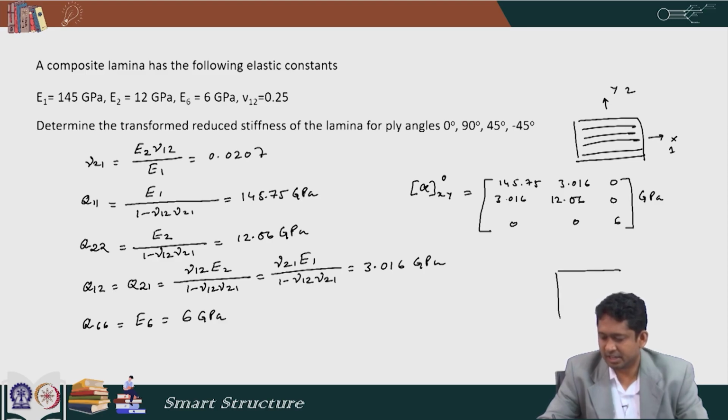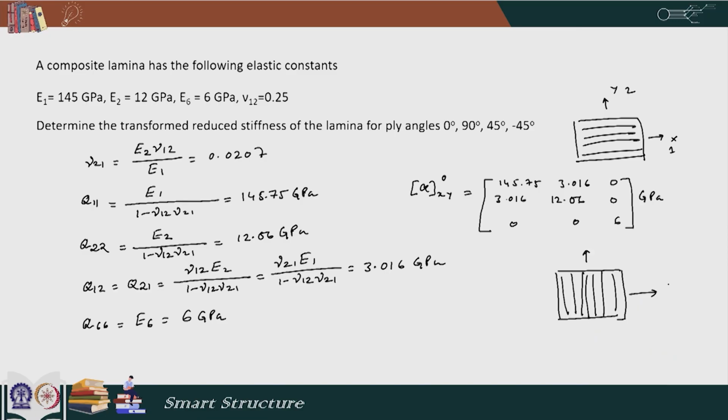And then if the fibers are oriented suppose in 90-degree, so in this case this is our x axis as well as axis 2, and our axis 1 is in this direction, in the same direction as the y axis in the opposite sense.